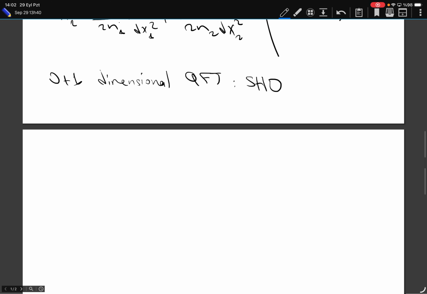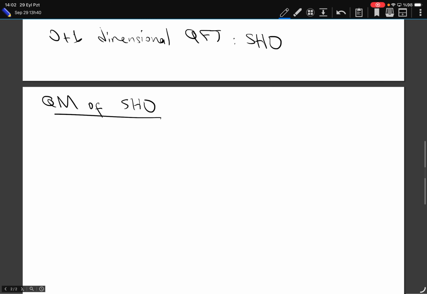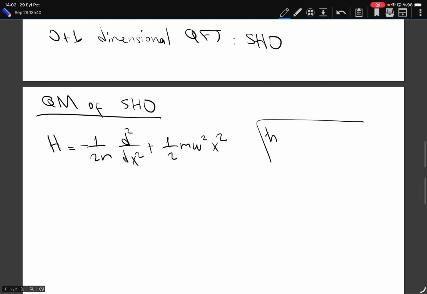So what do you do in the simple harmonic oscillator? Well, we have the Hamiltonian. This is my one-dimensional simple harmonic oscillator. Well, I will use the units h bar equals c equals 1.